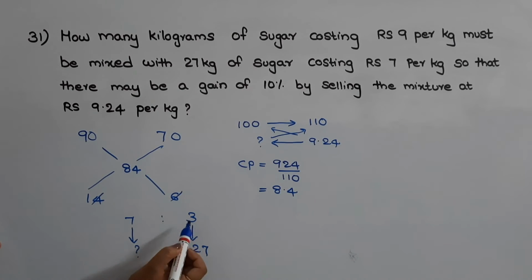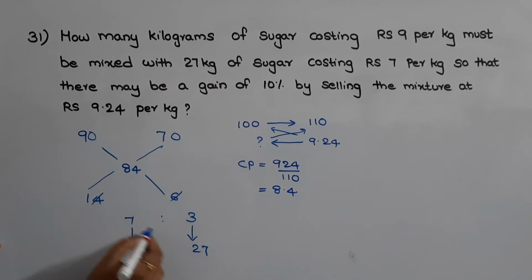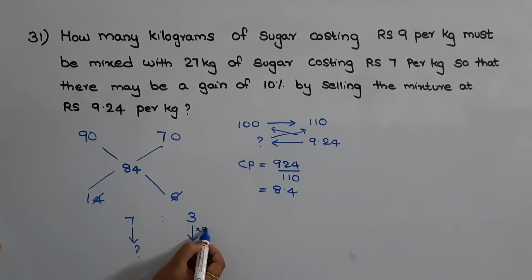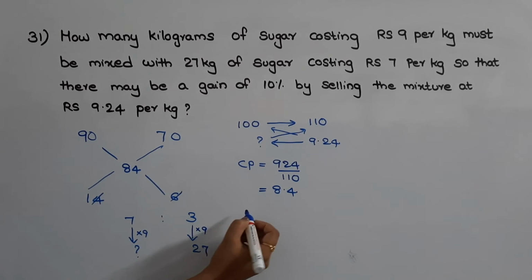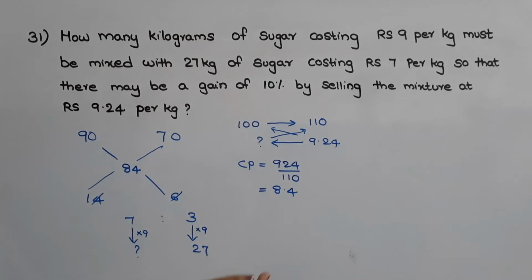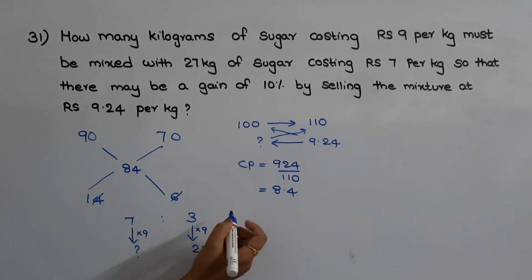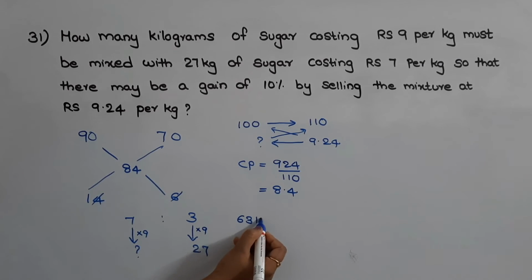We can find this by cross multiplying, or 3 into 9 is 27, so if you multiply this 7 also by 9, we will get this value. 7 into 9 is 63. So the quantity of the first type of sugar is 63 kg. So this is the answer.